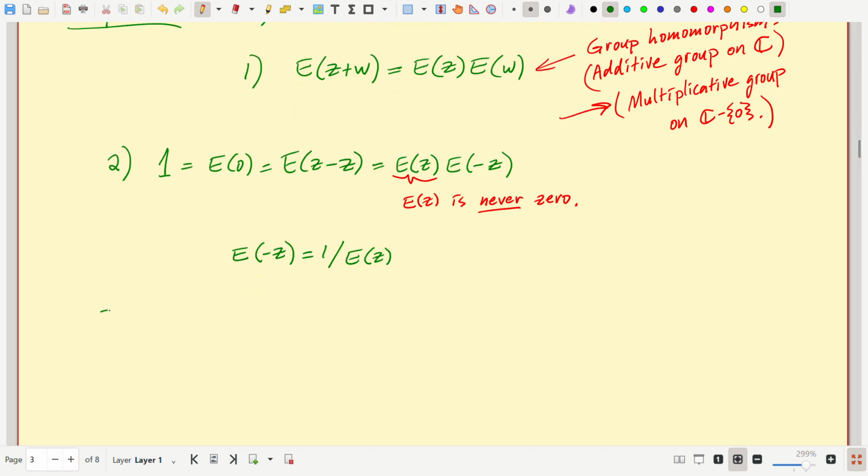Of course, then if I have two complex numbers, e of z minus w is e to the z divided by e to the w.